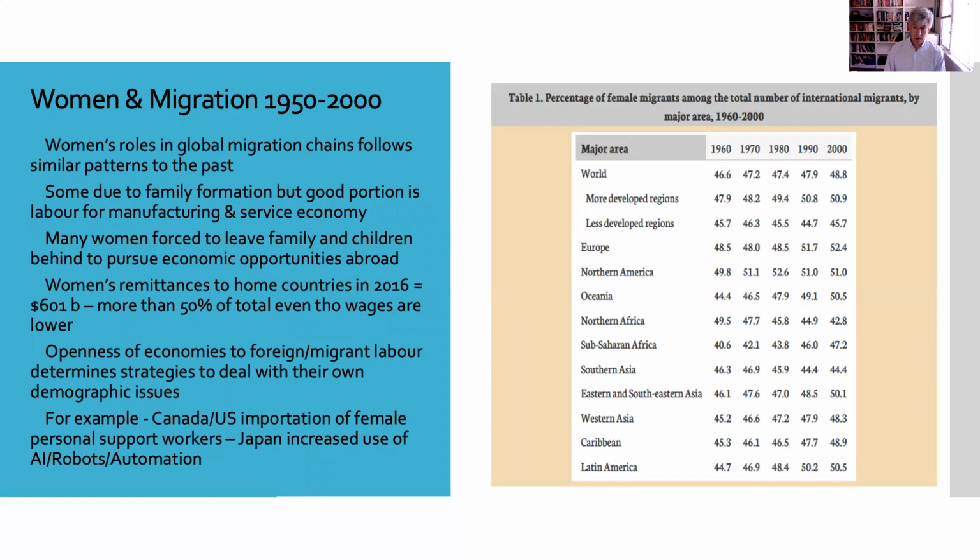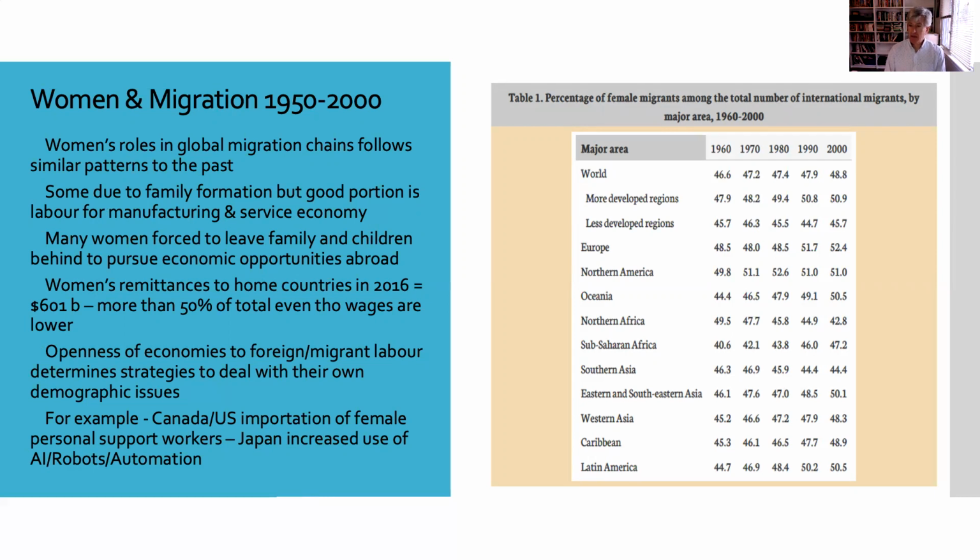We may want to think about those who arrive in Canada and the United States to become nannies or personal support workers in hospitals and things like that, who are pursuing economic opportunities so that their families can put food on the table and enjoy the niceties of life back home. And so women's remittances, that is, money that they earn in these new societies and then send back to their home societies, is huge.